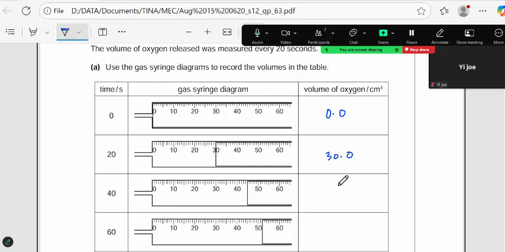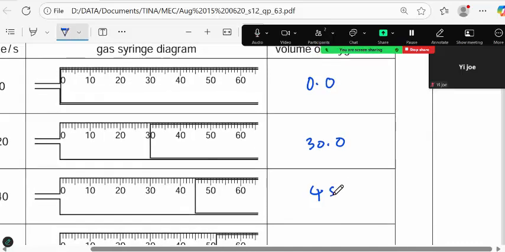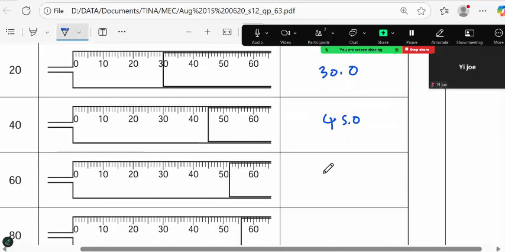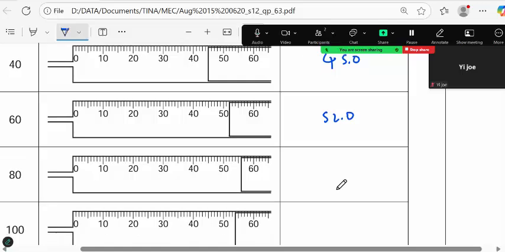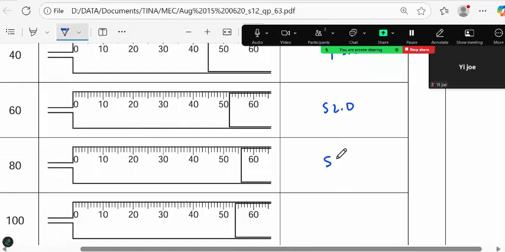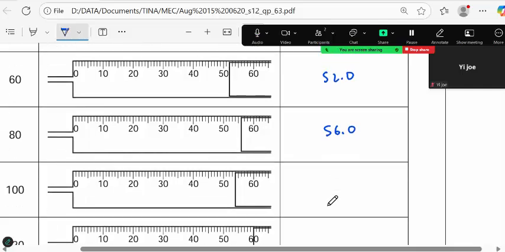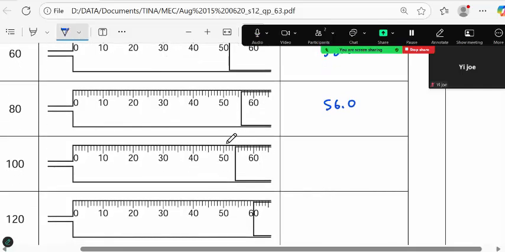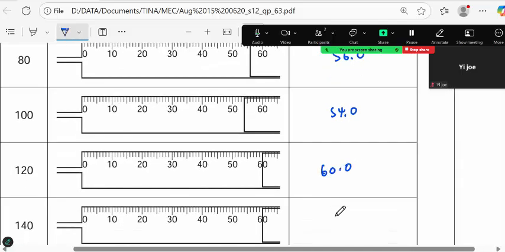This one is 40, 45.0, 52.0, 56.0, and then 50, this 50, 54, right? And this is 60. That's 60.